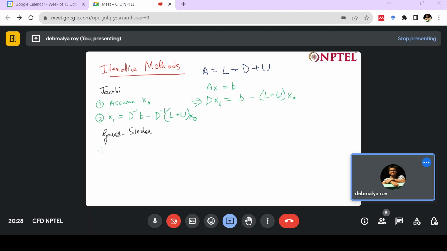So here we will also assume an x0, but in this case x1 will use not D but (L plus D) inverse: (L plus D) inverse b minus (L plus D) inverse U x.